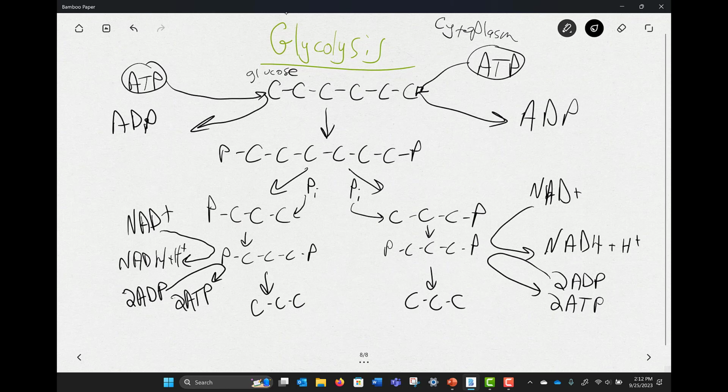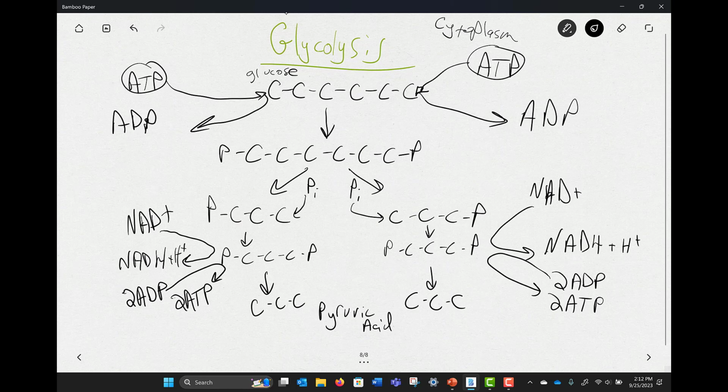We can have removed those phosphates without an issue. These 2 3-carbon compounds are both called pyruvic acid, or sometimes you'll hear it called pyruvate. Pyruvic acid or pyruvate. And that is the end of glycolysis.